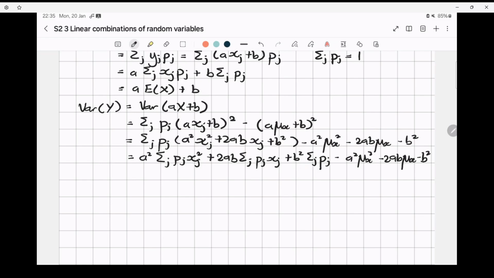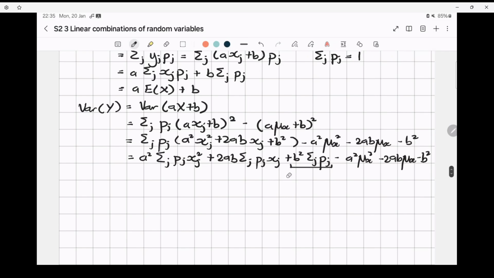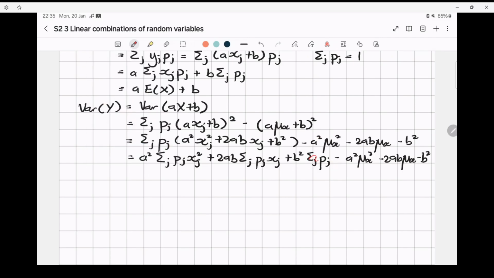This is basically the same as b squared, because the sum of all p_j equals 1. That's why, let me use a different color, red for example, these two terms can be cancelled off. They are the same thing.